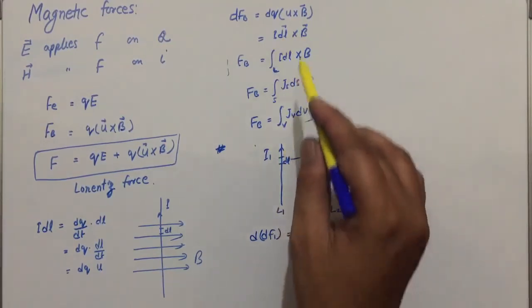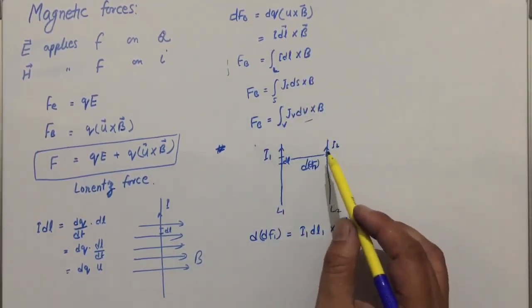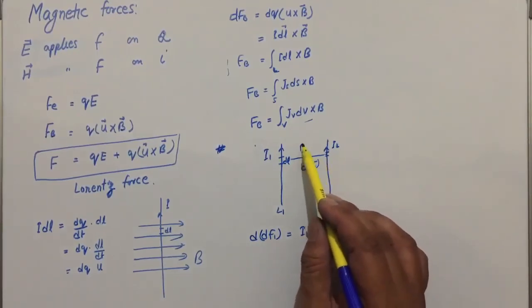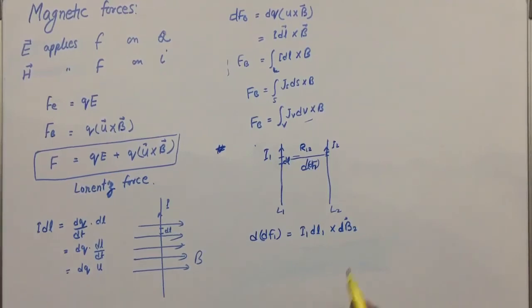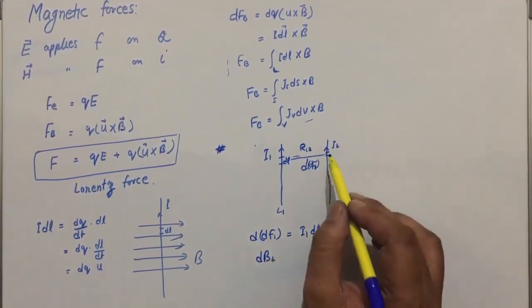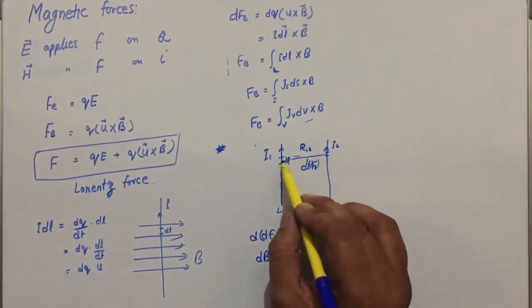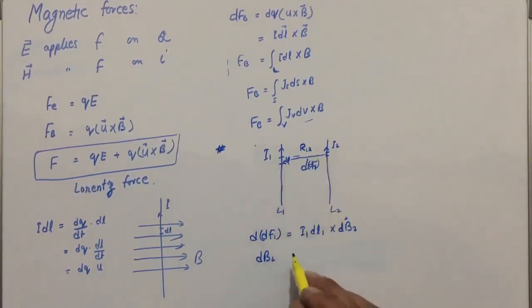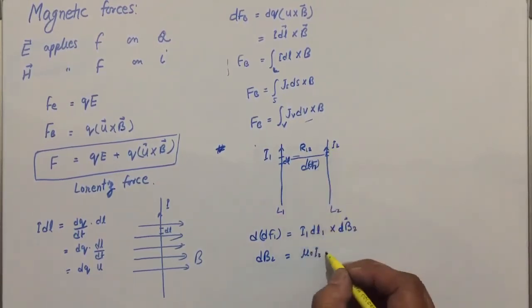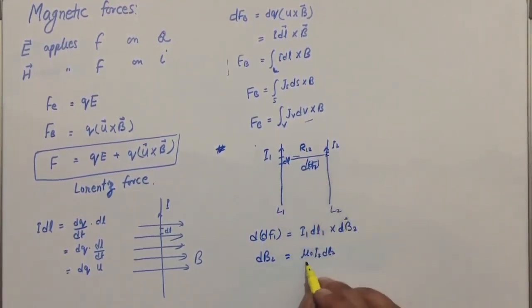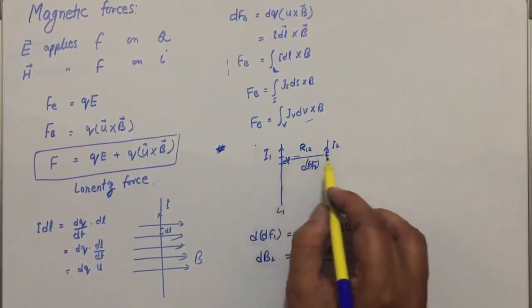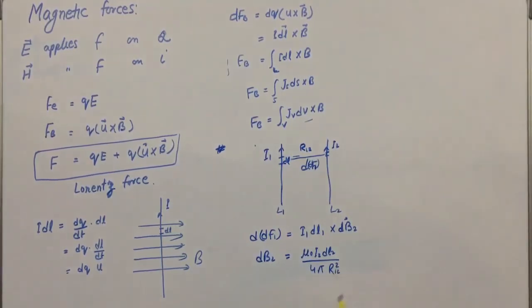So this is the current element and this is the field from here, and if this length is r12, then the field due to this element at this point, dB2, can be written as mu naught I2 dl2, this current element, divided by 4 pi times the distance between these two points squared, with the unit vector in this direction, a r12.